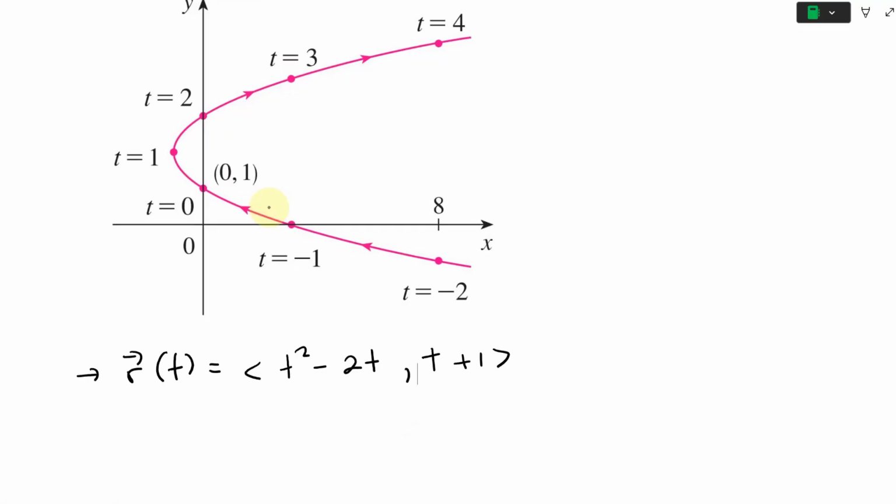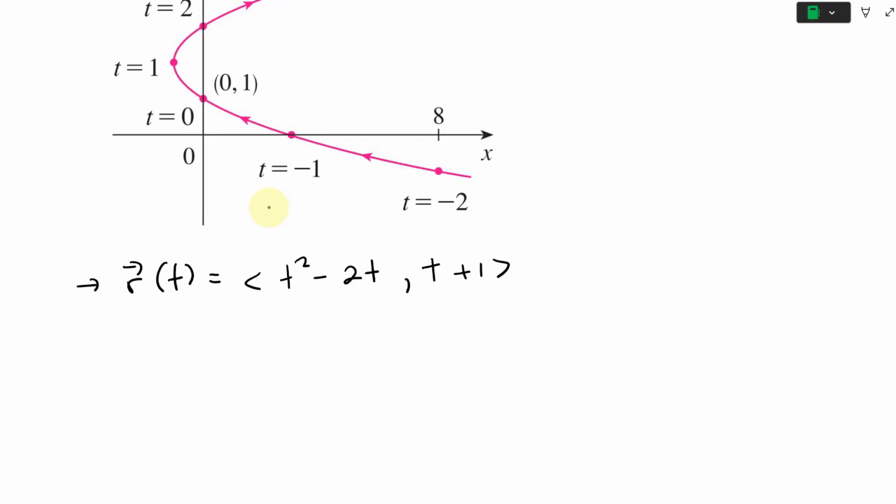This is the same thing as writing it in 2D as t squared minus 2t times i plus t plus 1 times j, like that.